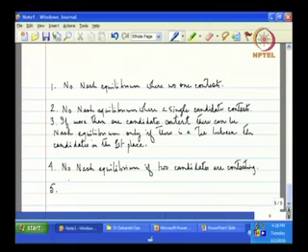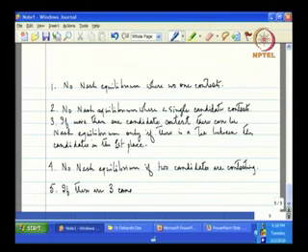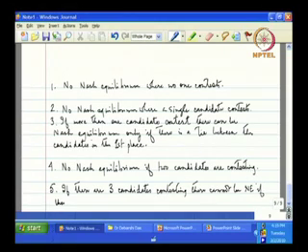Fifthly, we show that if there are three candidates, all the three have entered the race, then there cannot be a Nash equilibrium in which they have chosen the same position.